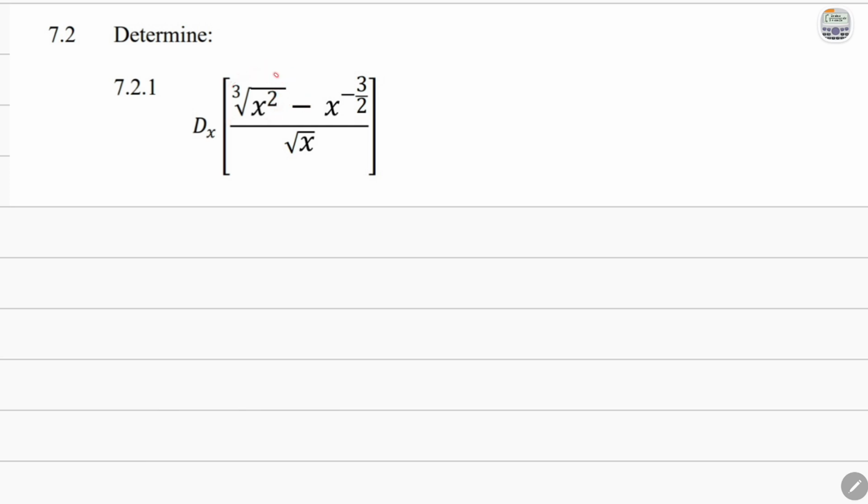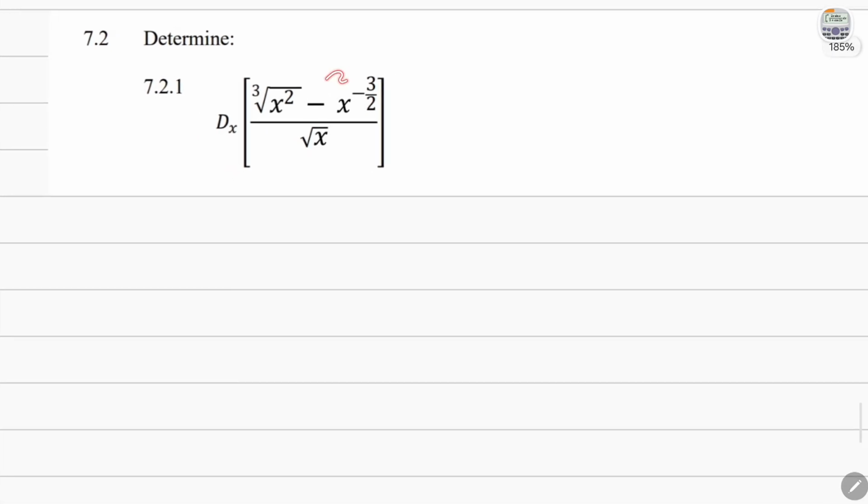But we also have these two values subtracting, and they're over something in the denominator, which is also a surd. Okay, so we need to fix that. So what we can do is just first of all break them open by rewriting them under a separate denominator, okay, under this denominator each.